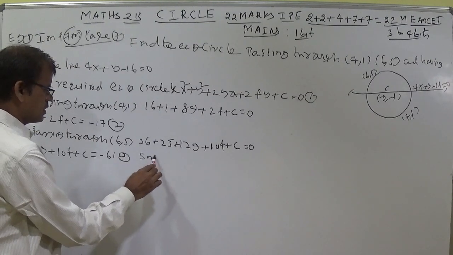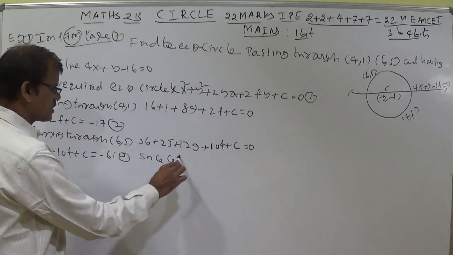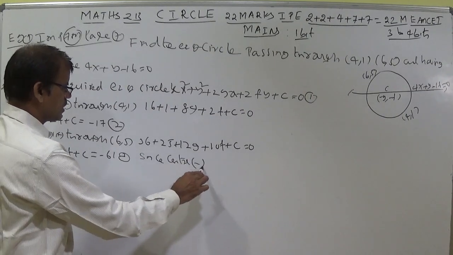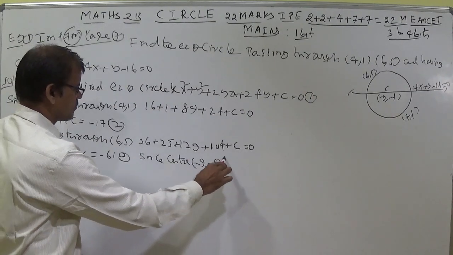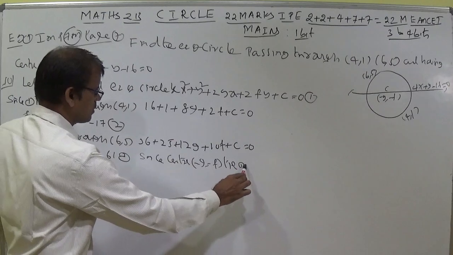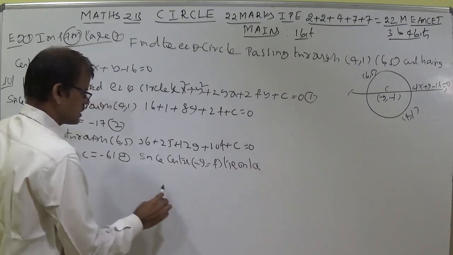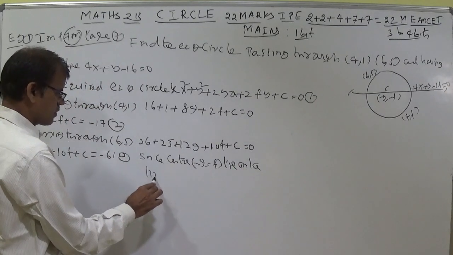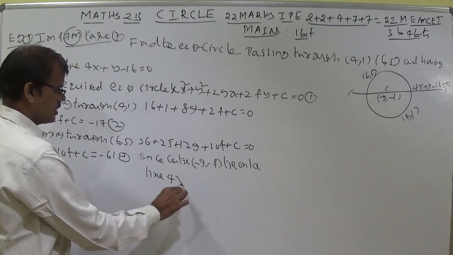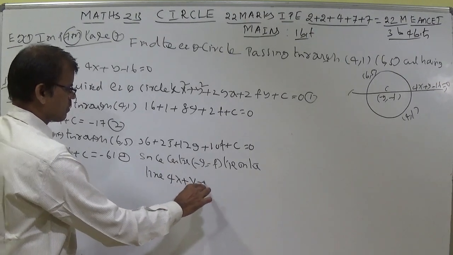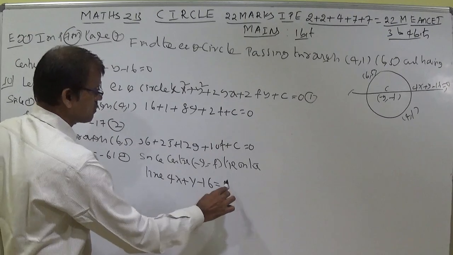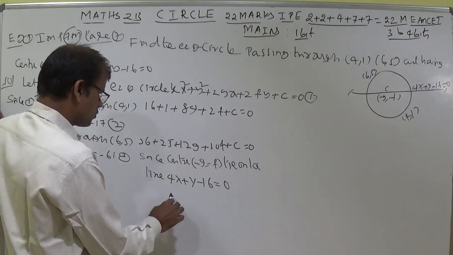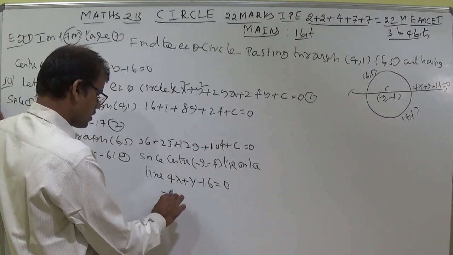Since center minus g comma minus f lies on the line 4x plus y minus 16 equal to 0, put x as minus g and y as minus f.